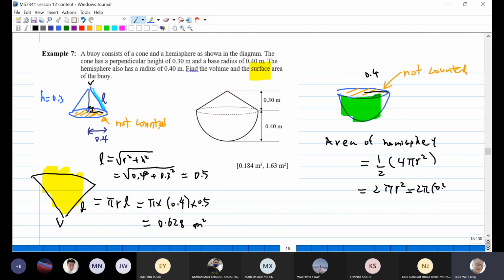So 2 times pi times 0.4 squared, you get 1.005.